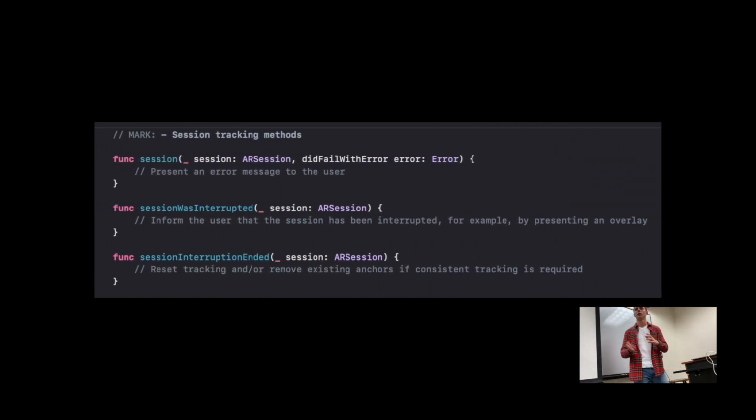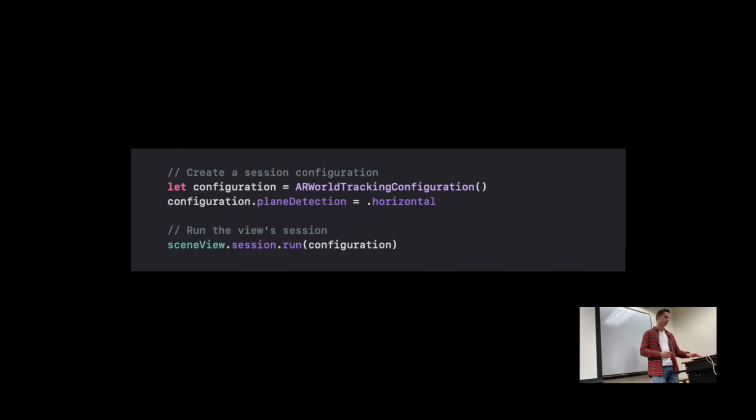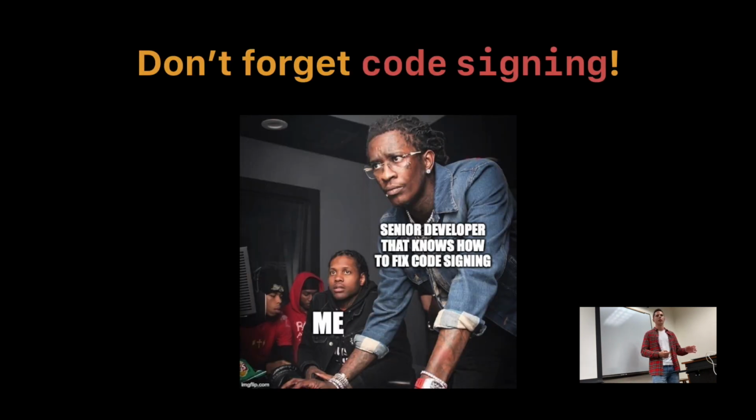These are some delegate methods that I have been talking about. They are set up in our sample project, and I'm going to talk about them shortly. And since you cannot really run ARKit on the simulator, you're going to need to code sign your projects to run them on your device.